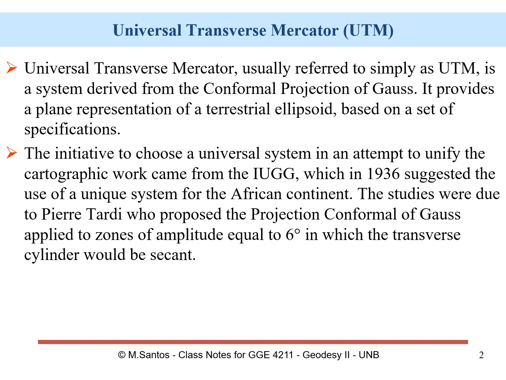These specifications were suggested by a French geodesist called Pierre Tardy. The whole idea was that the International Union of Geodesy and Geophysics was looking for a common projection to be used in the mapping of Africa.